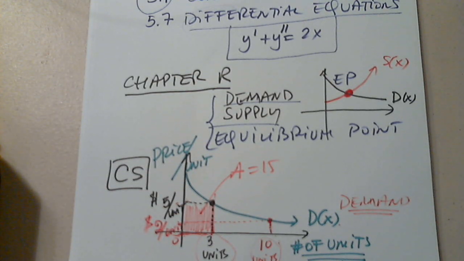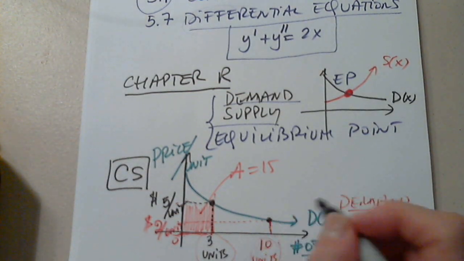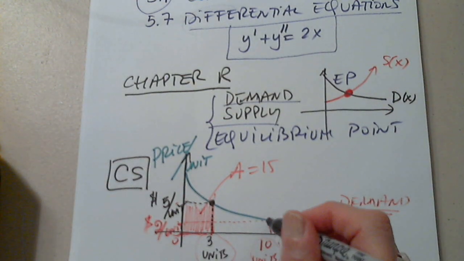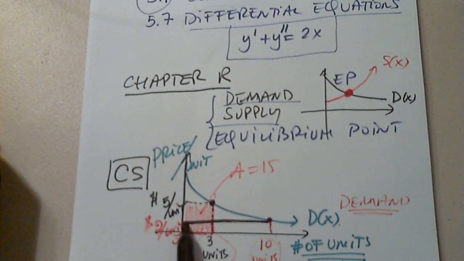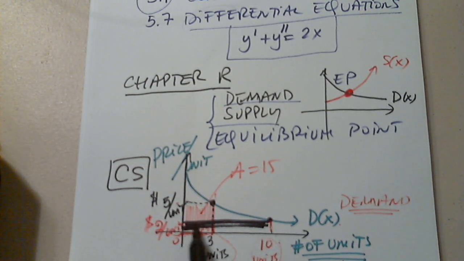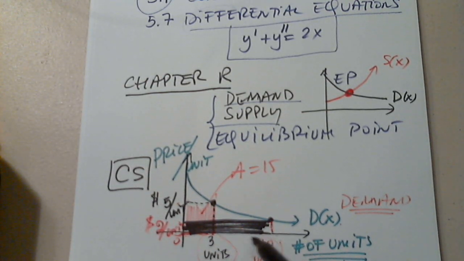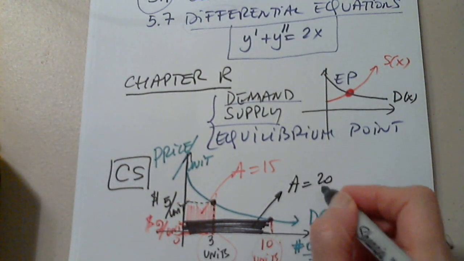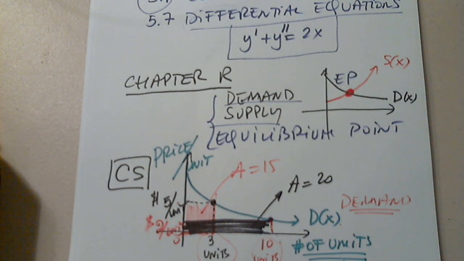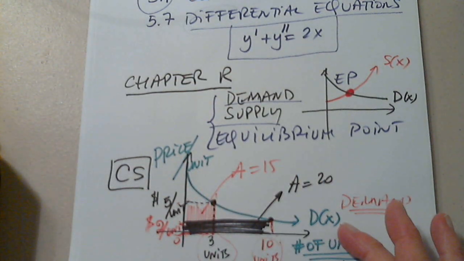If we are here, not the equilibrium point, this is a point. So if we're here, this will be our cost, this area. Base times height. Base is 10 times 2. So this area now is 20. Regardless, I just want you to understand how the curve works.